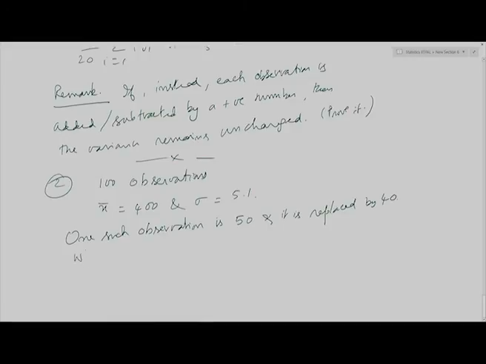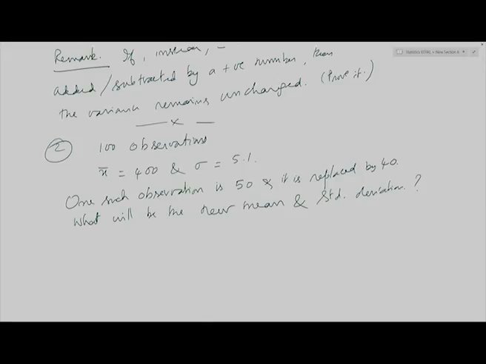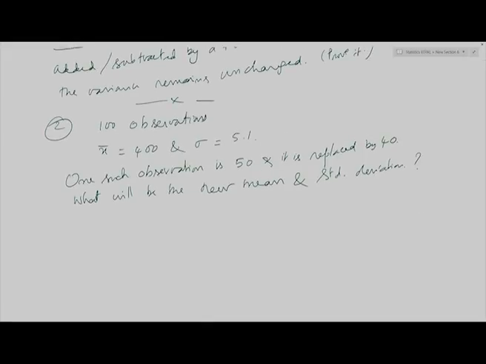That is the question here: the new mean and the new standard deviation. What we do is, now you have an x bar here. There are 100 observations, and because x bar is equal to sigma xi by 100, therefore sigma xi, i equal to 1 to 100, will be 4000.